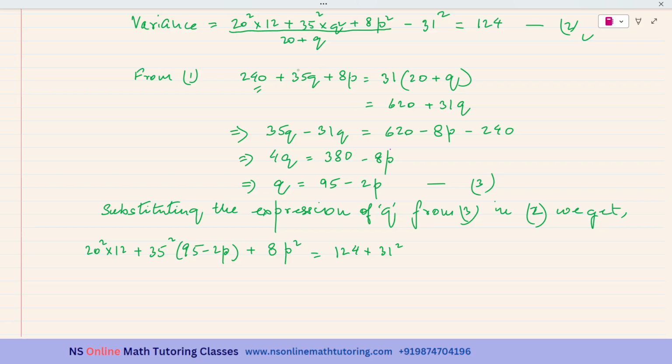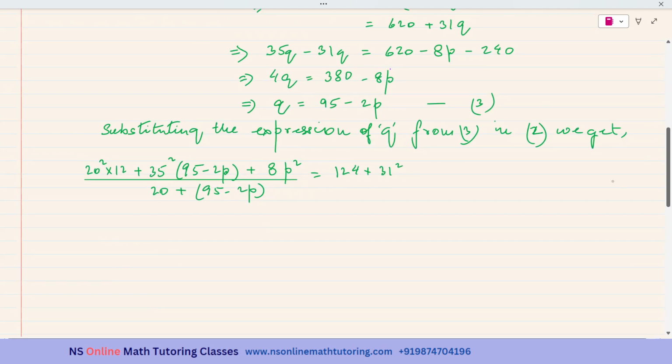And next I am multiplying both the sides by 20 plus Q. If you are getting confused, okay, let us do this. Let us not do both the parts in one step. So this is 20 plus, in place of Q, I'll be writing 95 minus 2P.